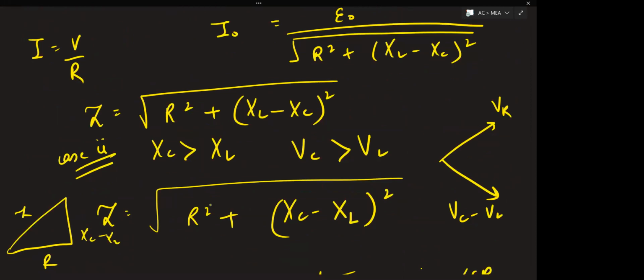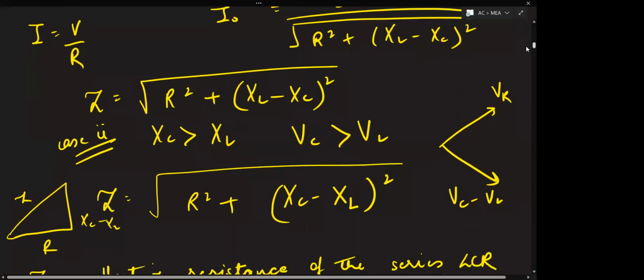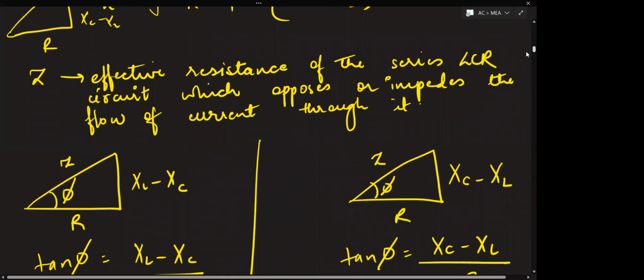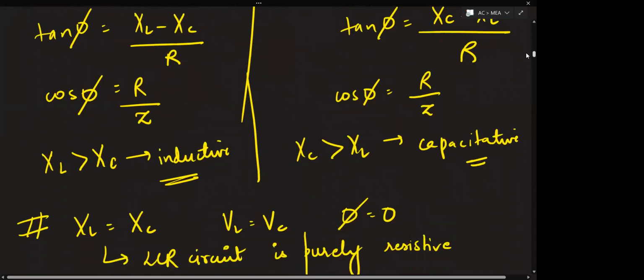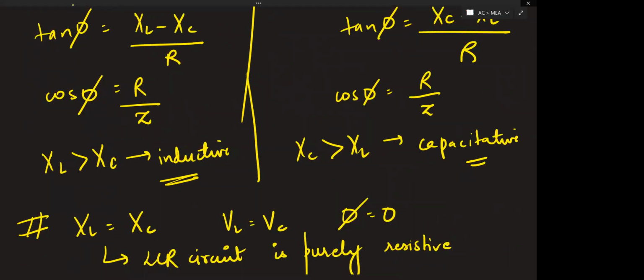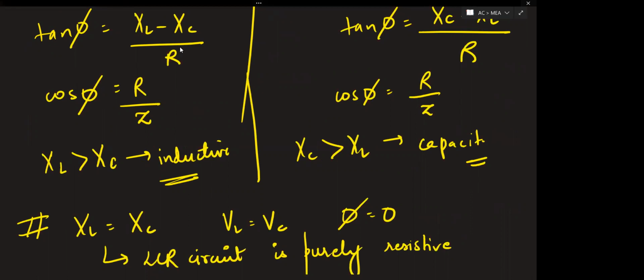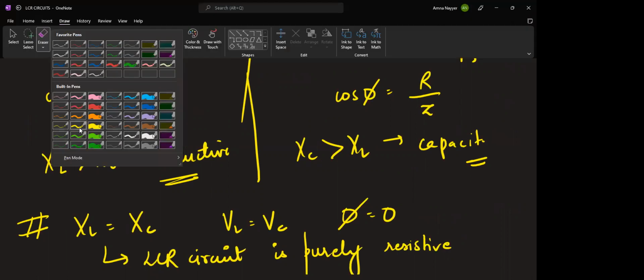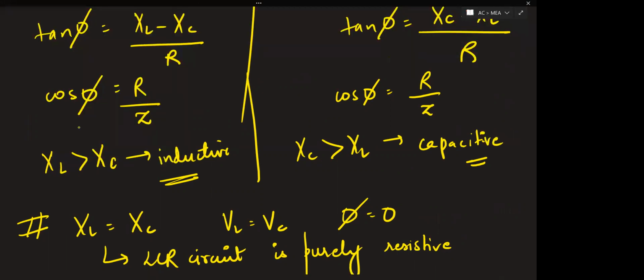It can be XC minus XL whole square if capacitance is greater. In such a case where capacitance is greater, it is a capacitive circuit. Inductive, resistive, capacitive circuit.